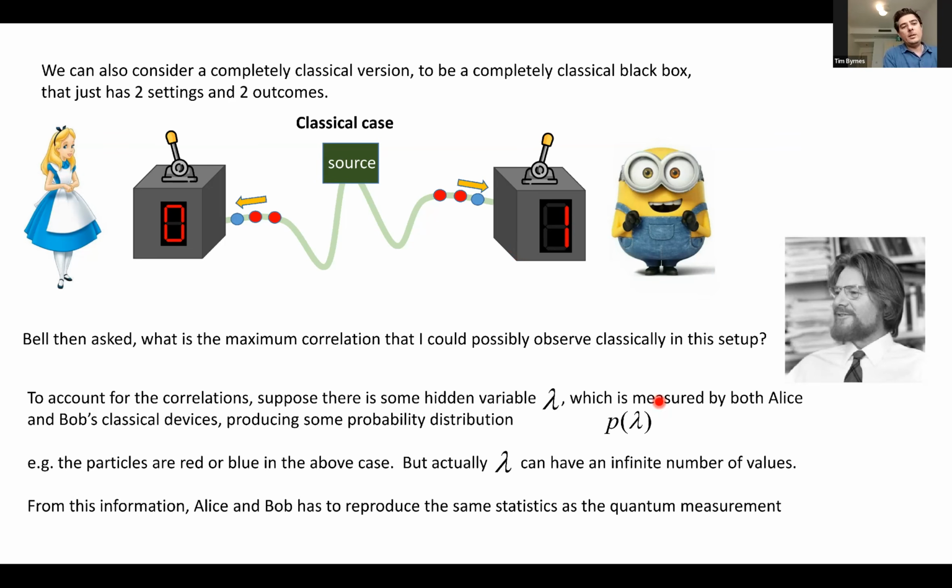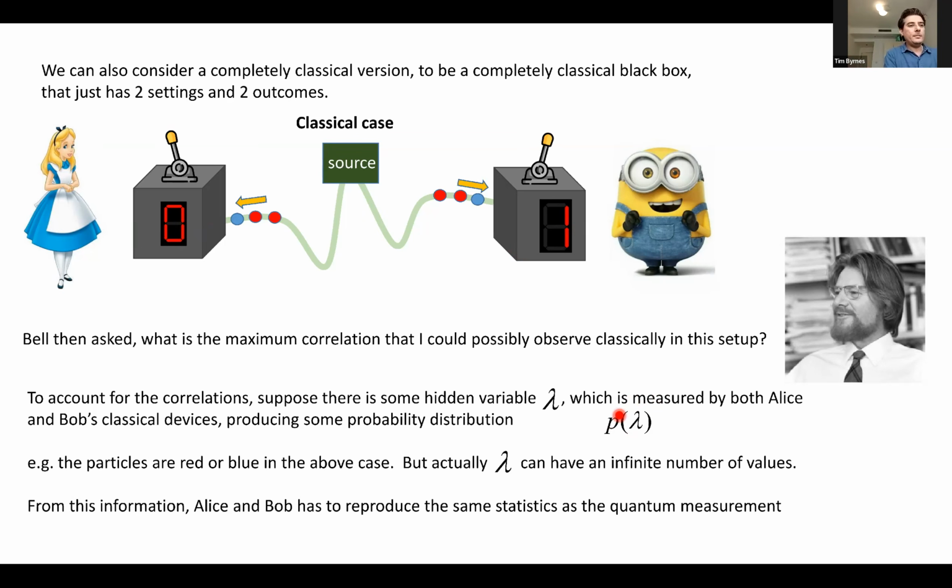So to capture the most general case, we just have an infinite number of variables, lambda, that controls the underlying physics of the actual situation. And let's see if we can make any statements based on that.